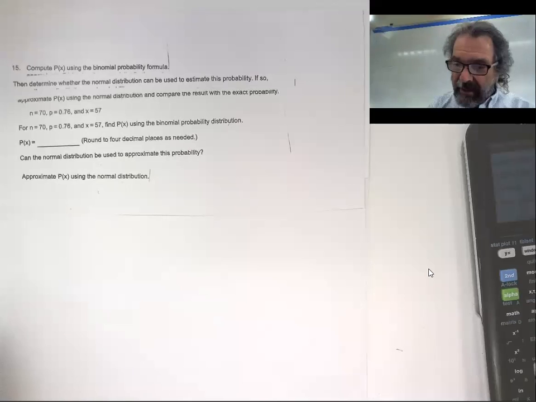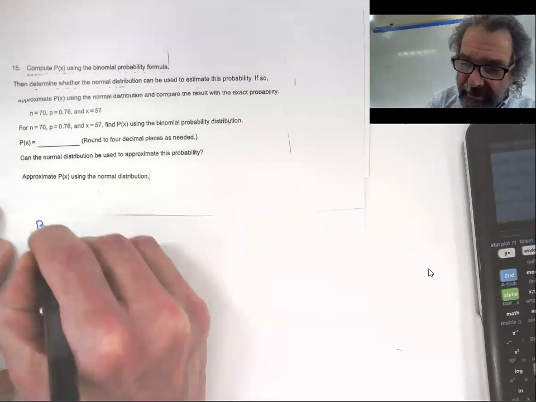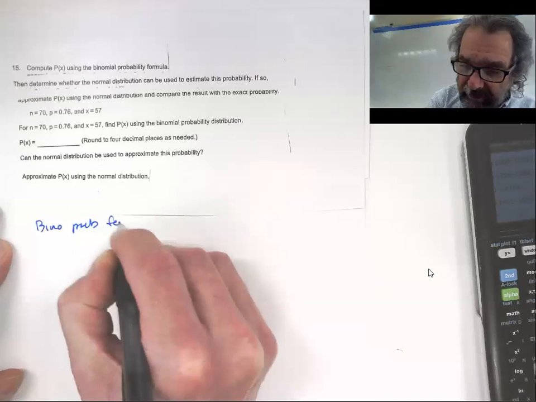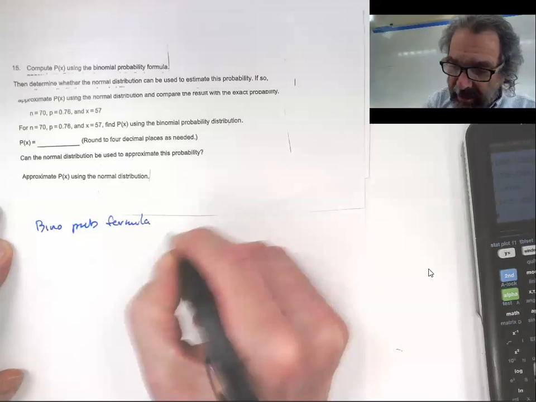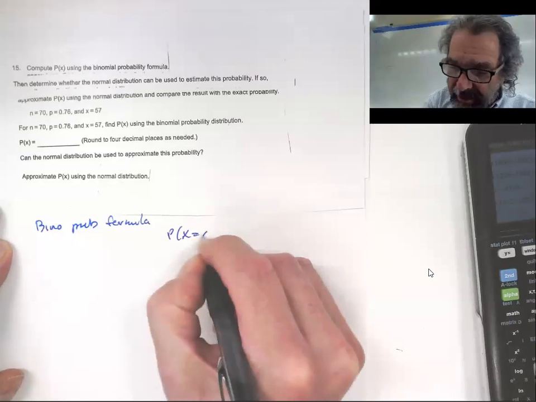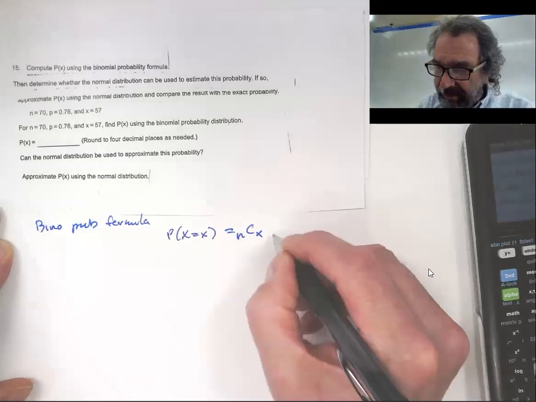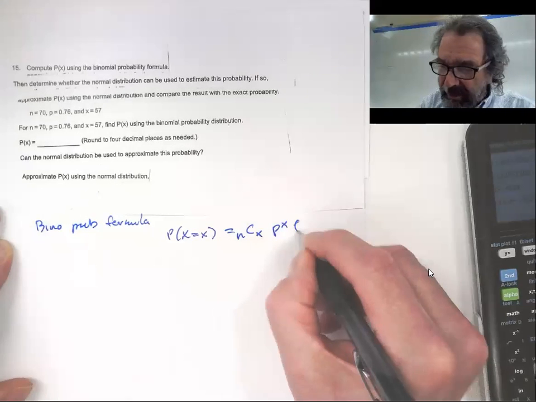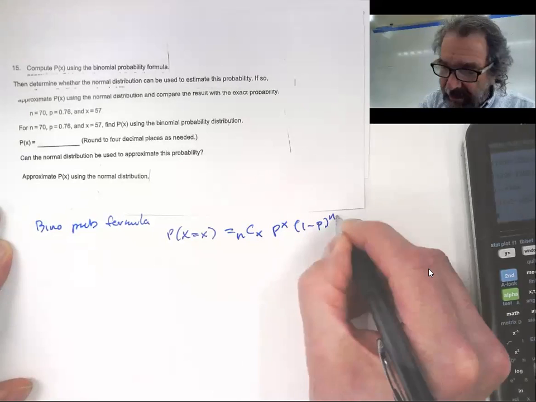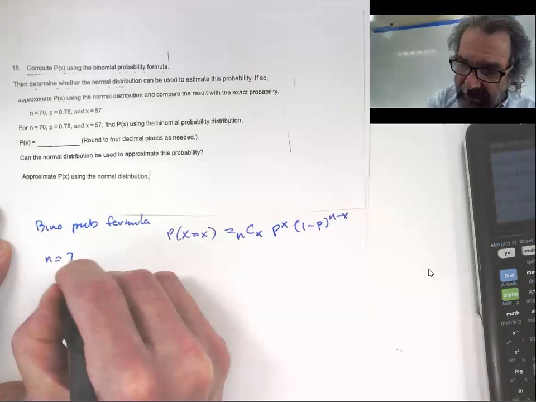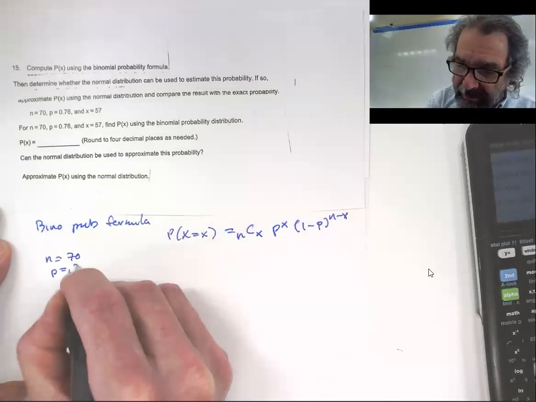So the binomial probability formula looks like this: the probability that you get a value is you take the combination formula, you take P to the X, and you take 1 minus P to the N minus X. We've got N. N is 70. P is 0.76.